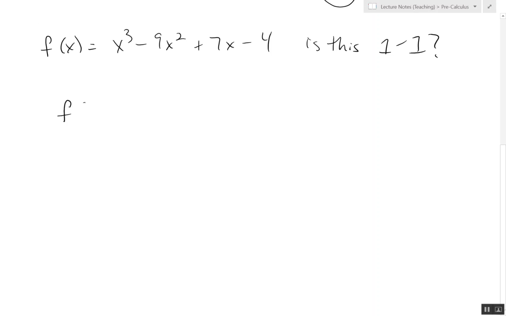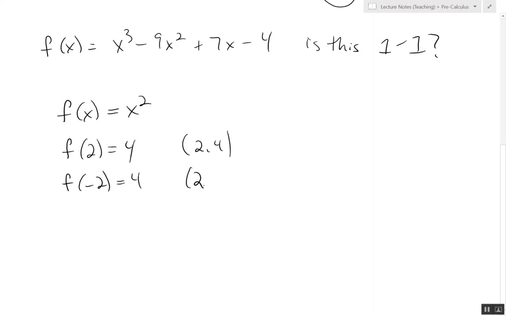One is f(x) = x squared. This is not one-to-one because, for example, f(2) is 4 and f(-2) is 4. Remember that this corresponds to the point (2, 4), and this corresponds to the point (-2, 4). And so notice that we have a repeated y element, so this is not one-to-one.